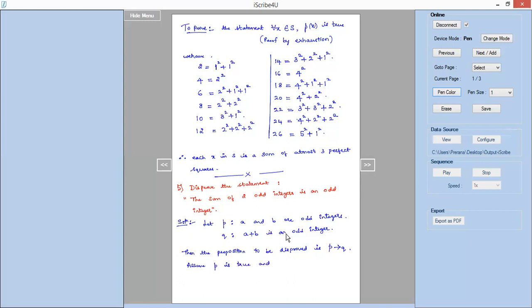What is the statement P being true? When I say P is true, I have to take A and B both as odd integers. So I'll take A as 2k1 plus 1 and B as 2k2 plus 1. Q is true, we have to take note, that is A plus B is also 2k3 plus 1, an odd integer. We are representing all of them in the odd integer representation.